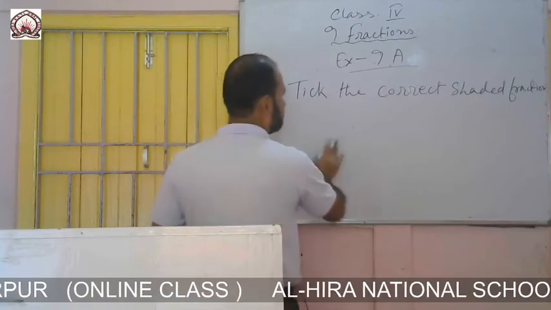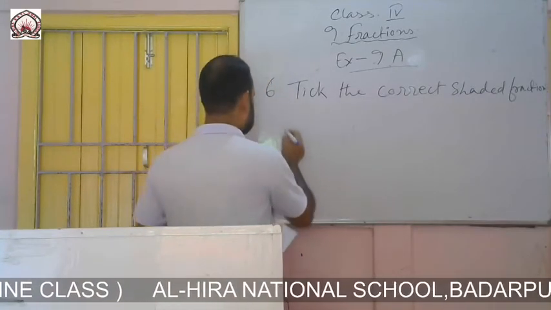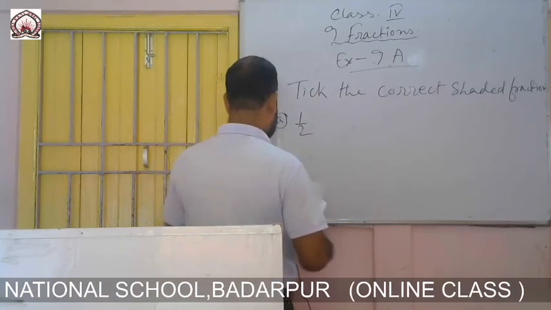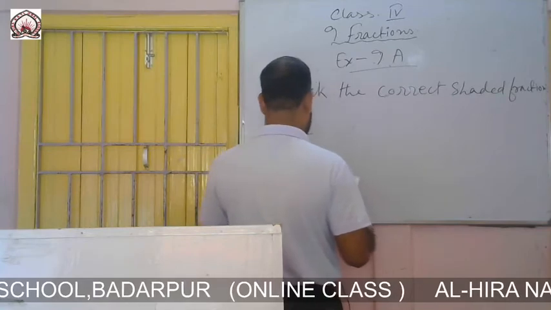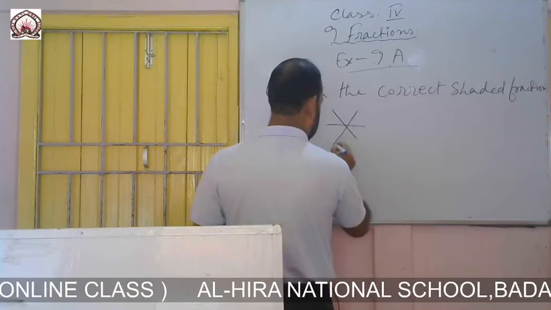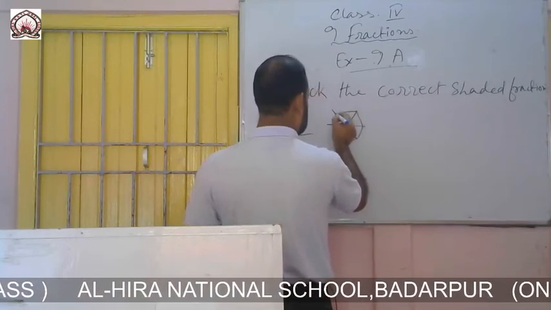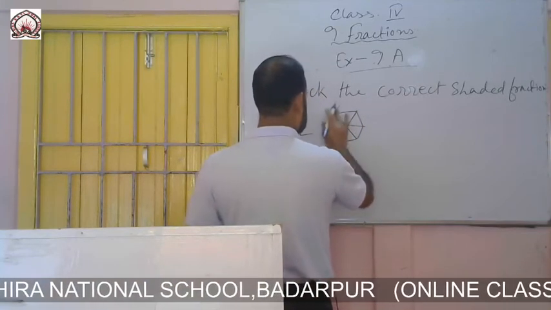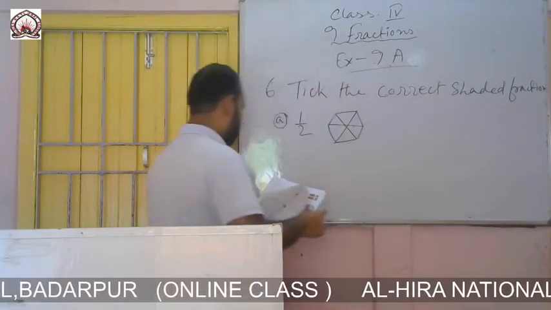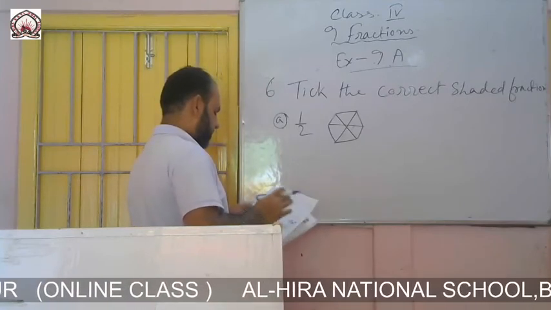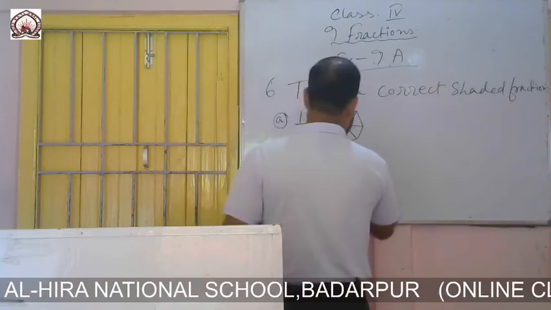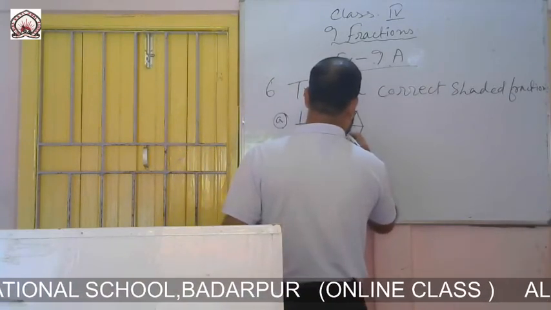Question number A. Here fraction is half and the figure has 6 equal parts. Out of 6 parts, 3 parts are dark or colored.